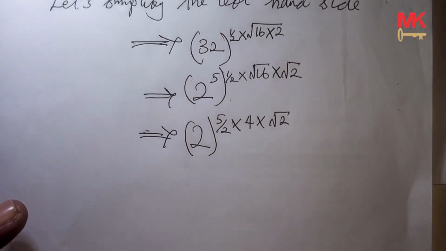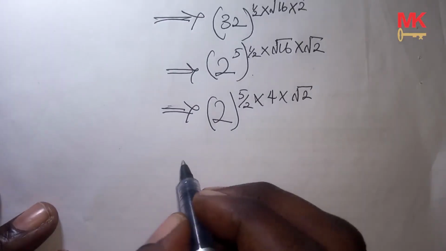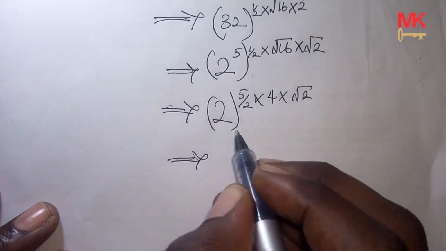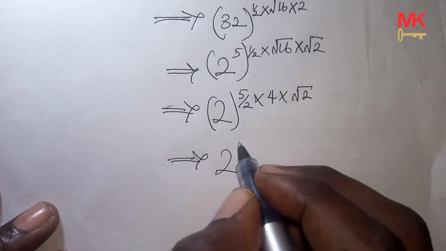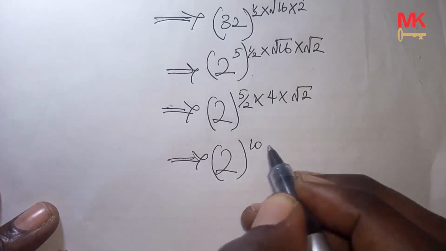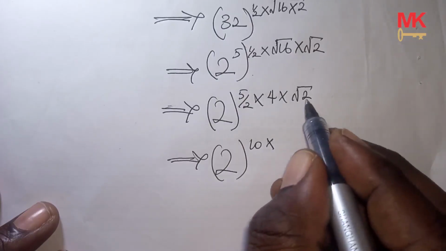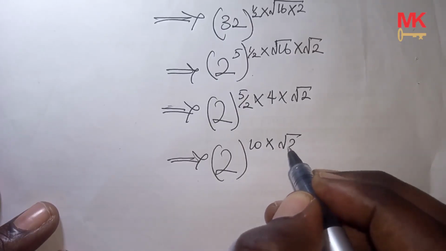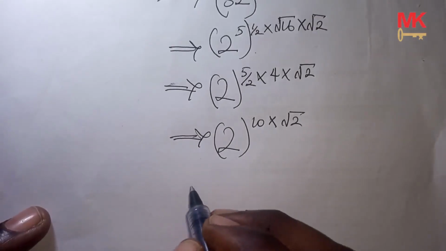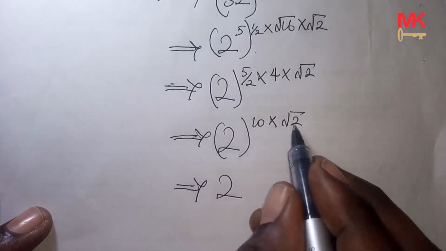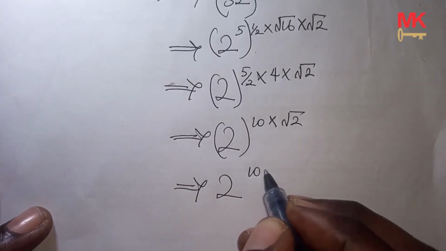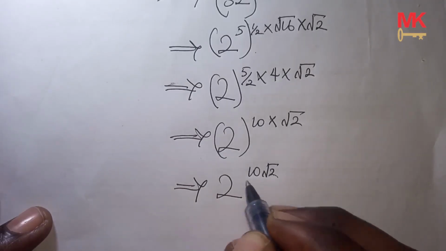So from here, this implies 2 raised to the power 5 over 2 times 4 gives us 10, then times our root 2, which is now 2 raised to the power 10 root 2.